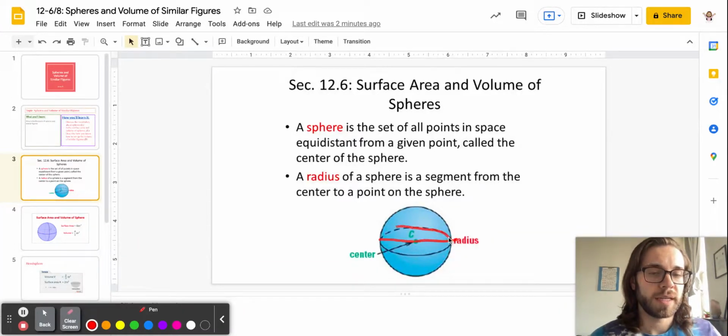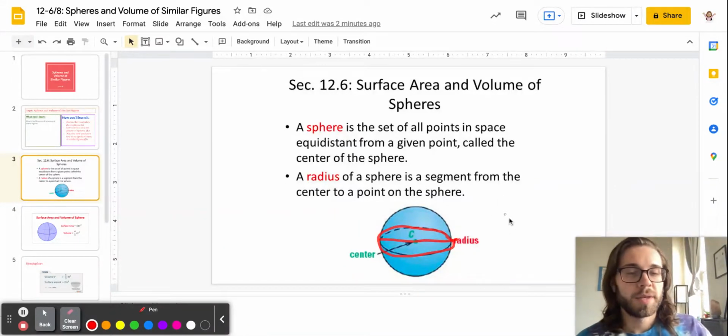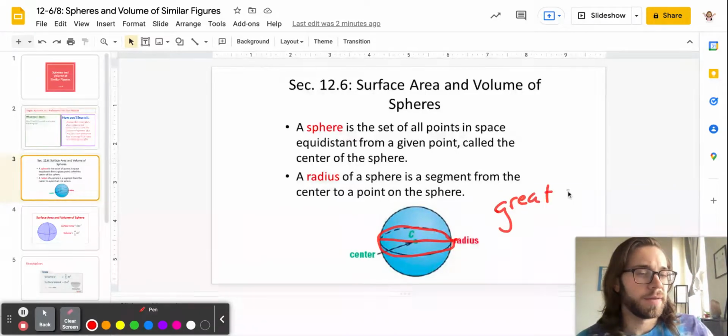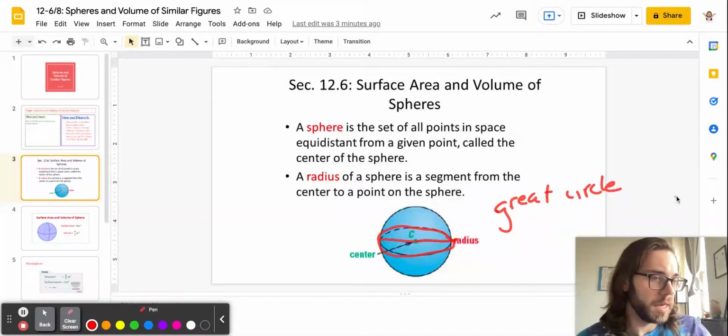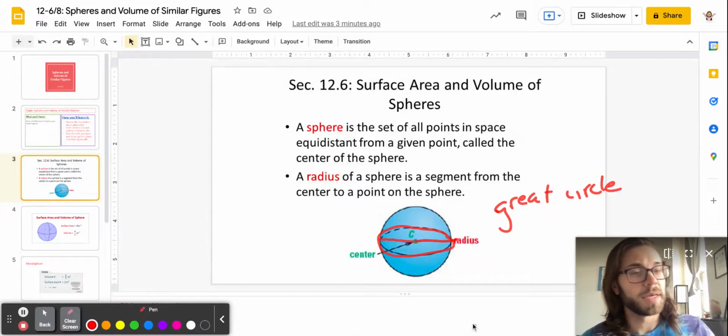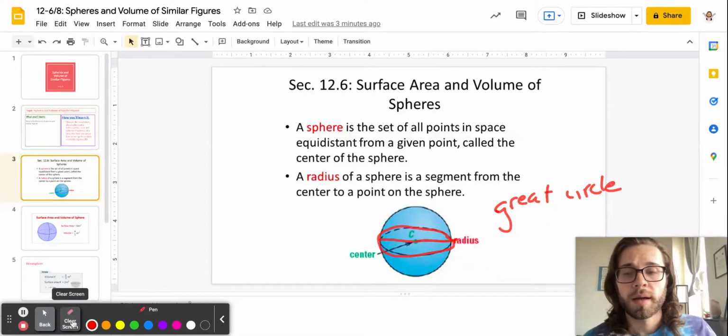You'll frequently see this circle drawn. Any circle in the sphere that contains the center, or I shouldn't say a radius of the sphere, is something known as a great circle. If you ever see the words great circle, it really just is talking about a circle with a diameter that is equal to the diameter of the sphere.